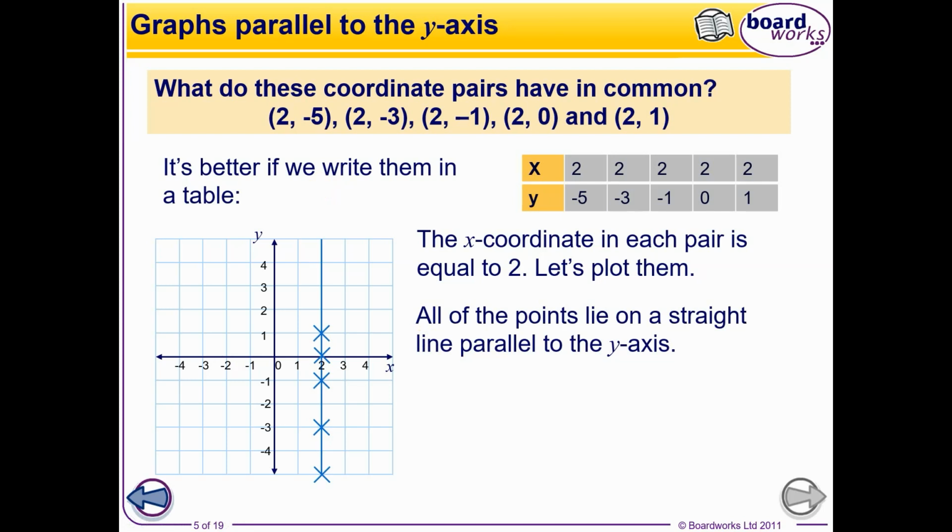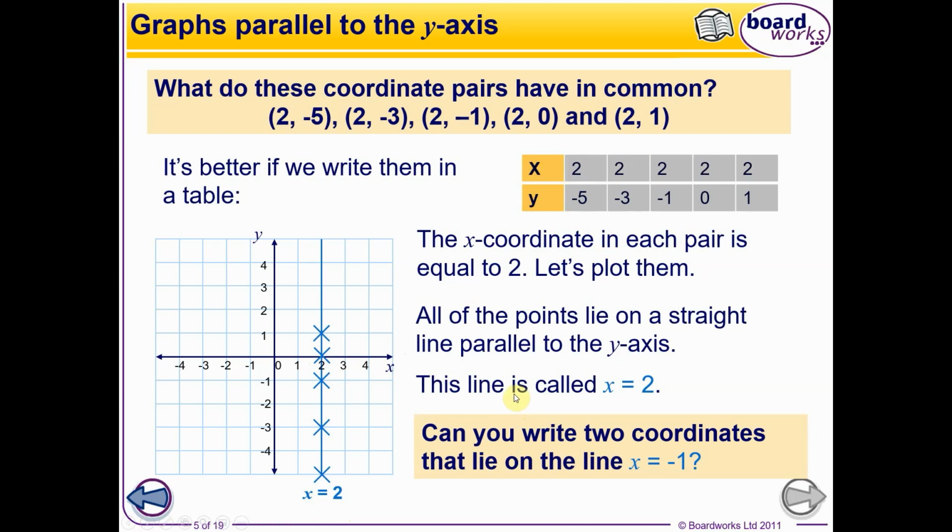In fact, all the coordinates which have 2 as the x coordinate lie on this particular line. And this line is called x is equal to 2. And you can notice where that name is coming from, okay? Because x is always 2. So it is called x is equal to 2. And it passes from x is equal to 2.